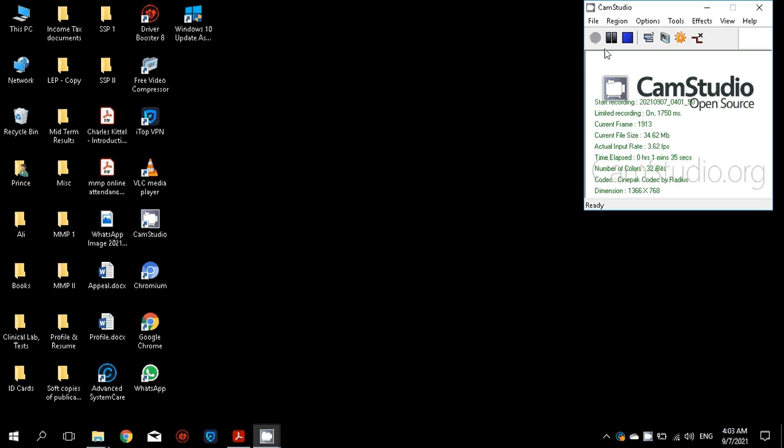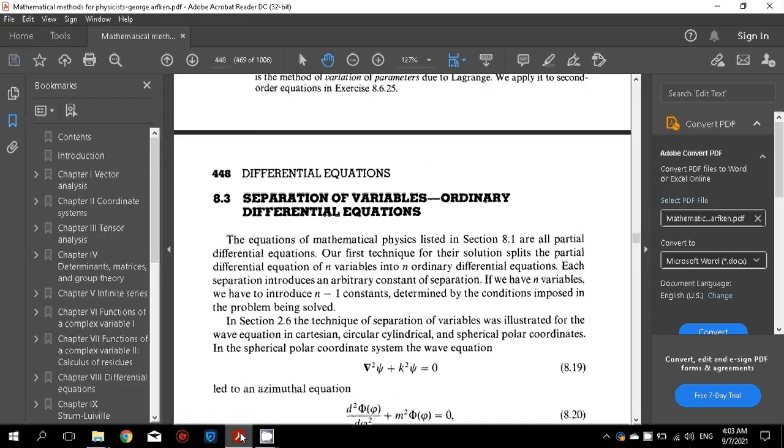Let me first tell you about the books which we will follow in studying this course. Our main textbook is Methods of Mathematical Physics for Physicists, written by George Arfken.